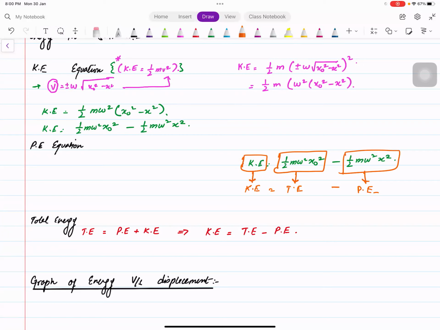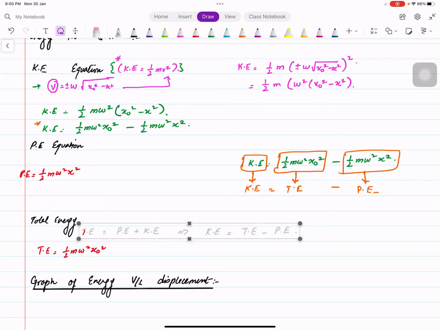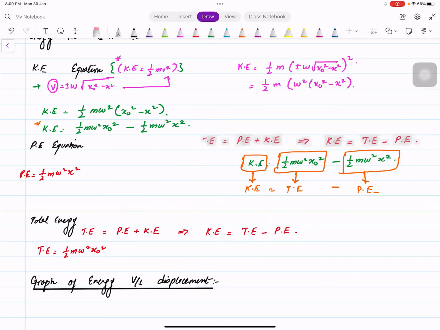So if you just remember this equation, you'll know that potential energy is half m omega squared x squared, and total energy is equal to half m omega squared x naught squared, and that's it. No need to remember three equations, just one, and remember that this is the relationship. You guys understand?